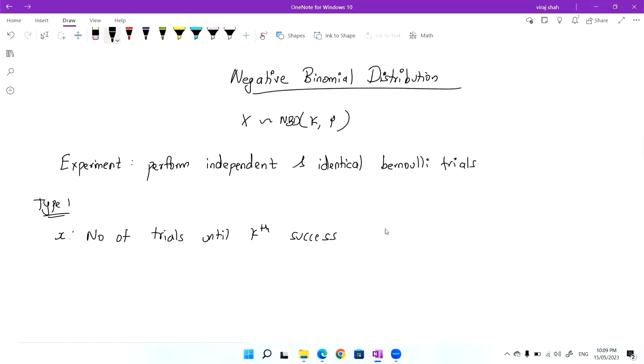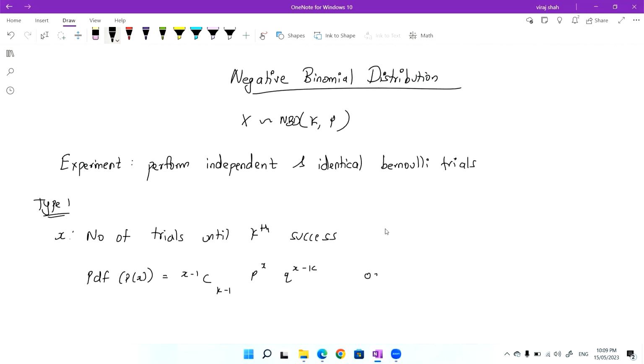So what is its PDF? P of x is nothing but x minus 1 choose k minus 1, p raised to k, q raised to x minus k. K is the number of successes.